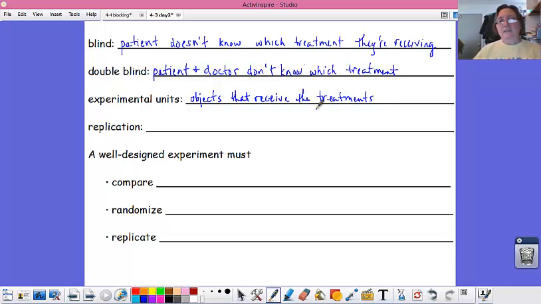If you're thinking about a medical study, the experimental units would be the patients, because they're the objects that receive the treatments. Replication just means that the treatments should be randomly assigned to many units.